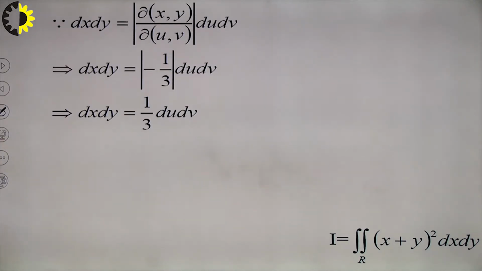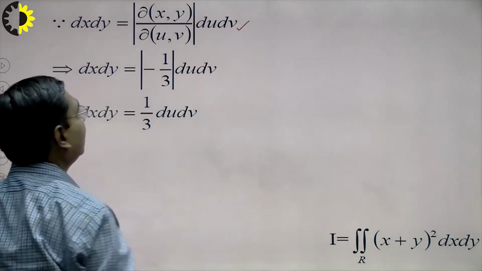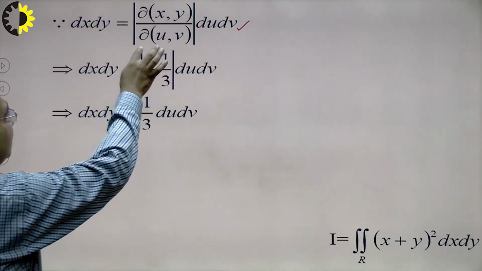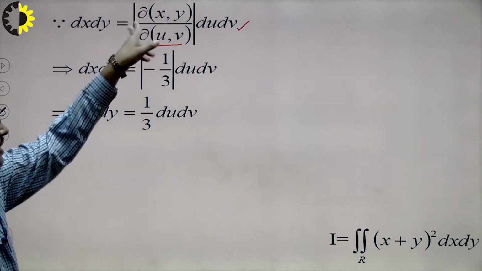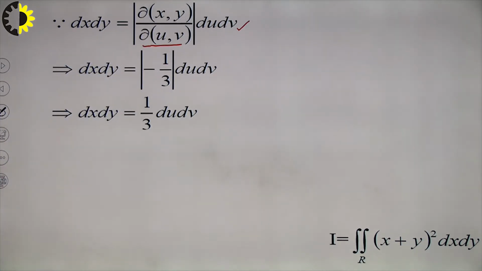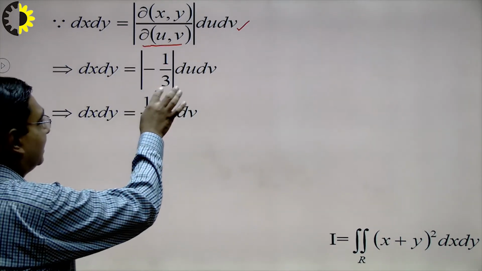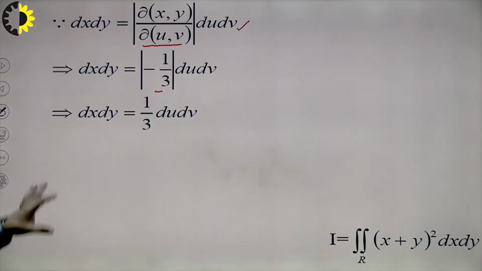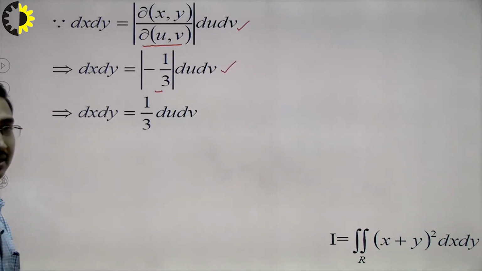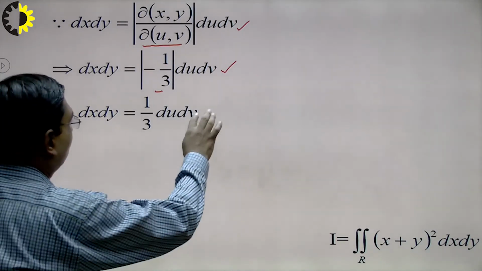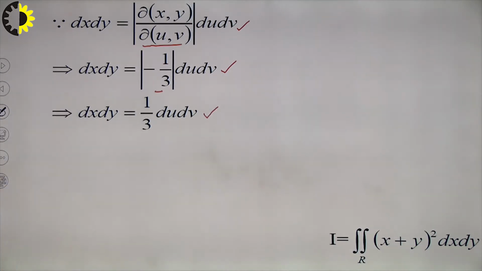Because dx dy is mod J du dv, where J was this Jacobian, which we have calculated in the previous slide as minus 1 by 3. So dx dy will be written as mod of minus 1 by 3 du dv, and it gives dx dy is equal to 1 upon 3 du dv. Thus, we have calculated dx dy.